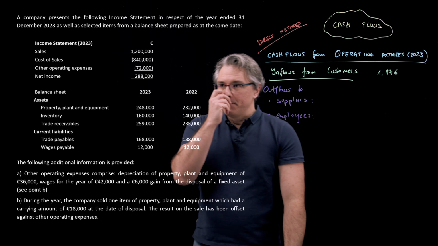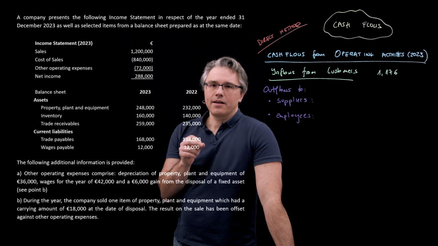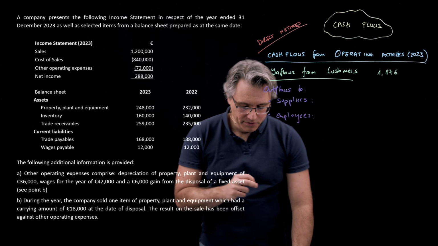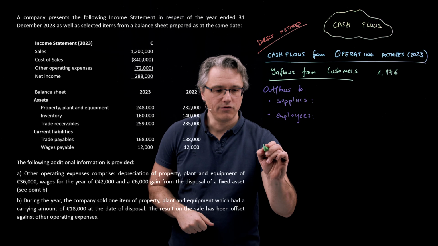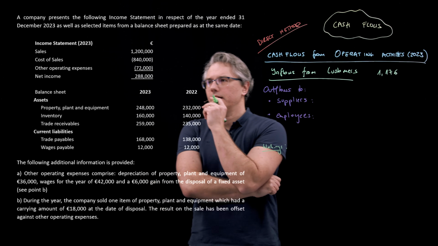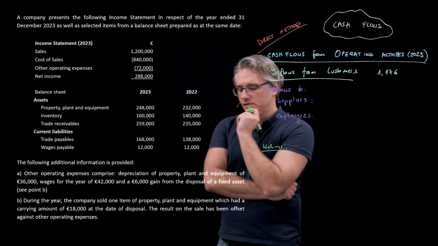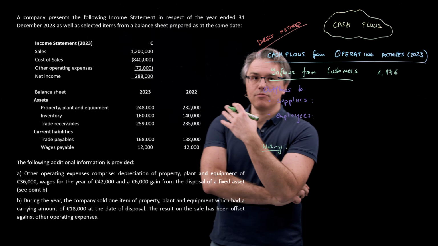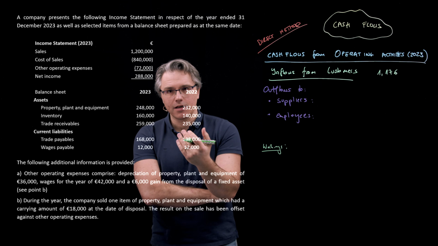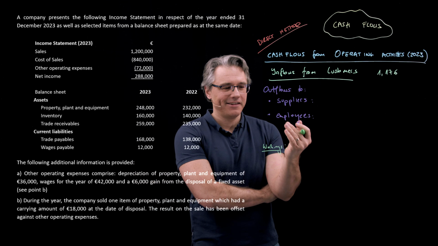Okay. When it comes to the cash that we actually pay to our suppliers, I'm going to introduce yet another item of workings. So maybe over here, workings. And the most obvious place to start is to have a look at trade payables, because this represents the amounts which we as a company owe to our suppliers.